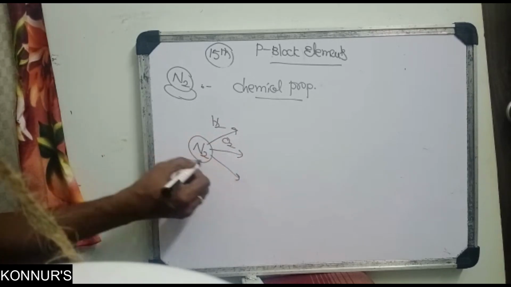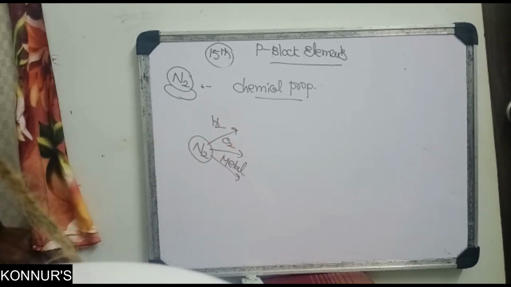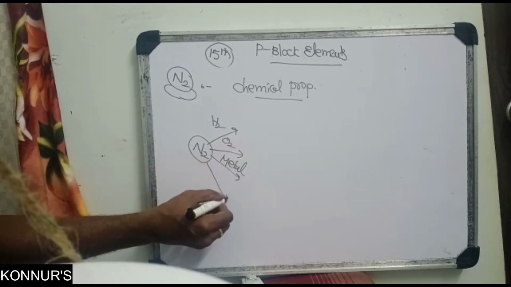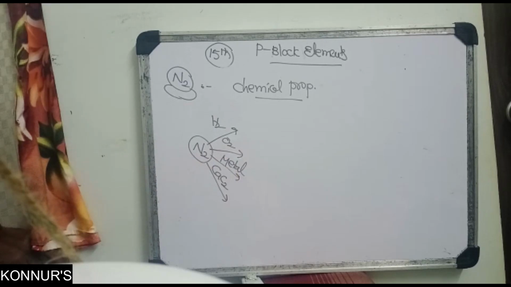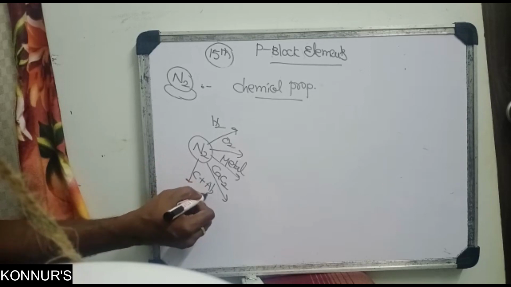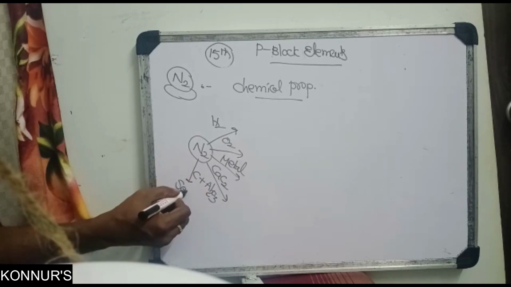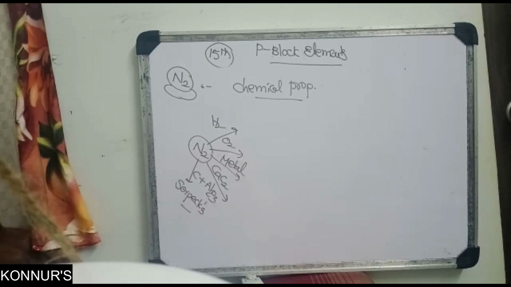Next, nitrogen is highly electronegative, so you can treat it with highly electropositive metals also. Another important one is treatment with calcium carbide. Next, carbon plus Al2O3, this is the Serpex process. One by one we can discuss.